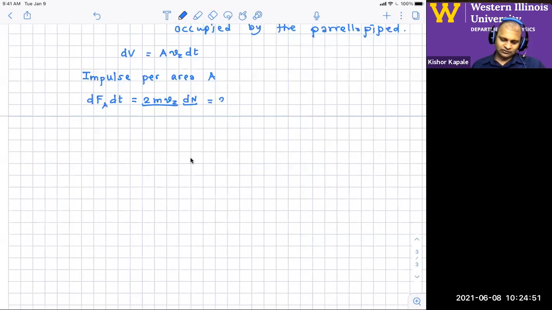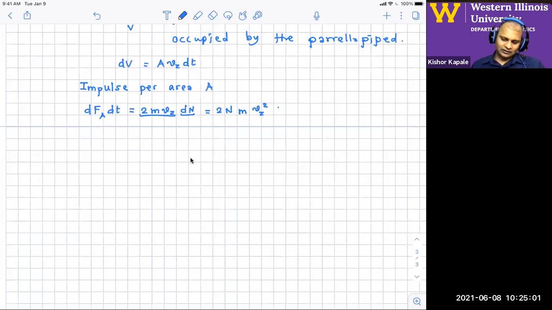So it's going to be 2nm vz squared, because dN contains vz, and then f(v) d³v times A dt over V, right?